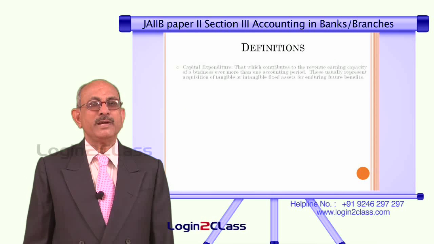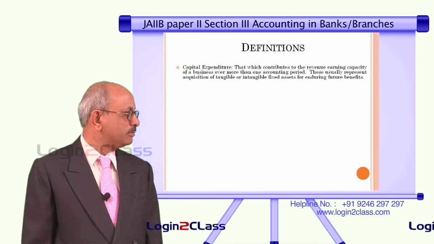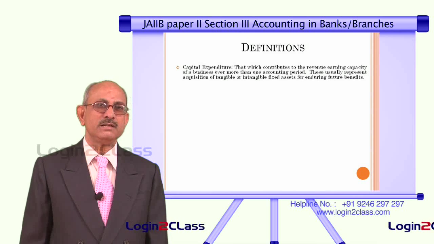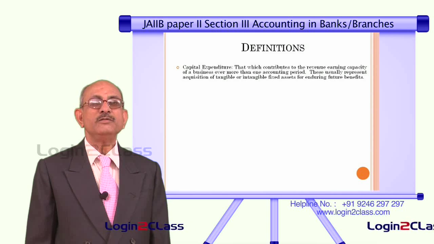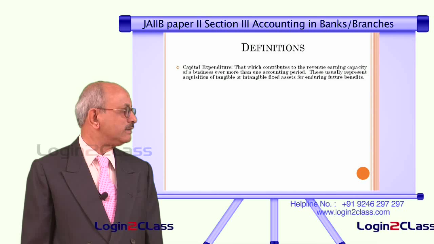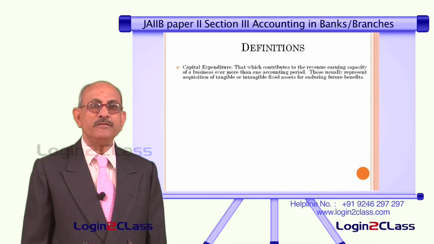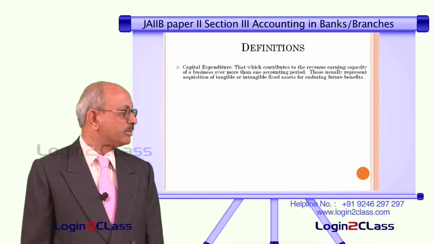So, based on our discussion, we can now try to define the meaning of capital expenditure, revenue expenditure, deferred revenue expenditure, similarly capital receipts, and revenue receipts. A look at the screen, you will see that capital expenditure is one which contributes to the revenue earning capacity of a business over more than one accounting period.